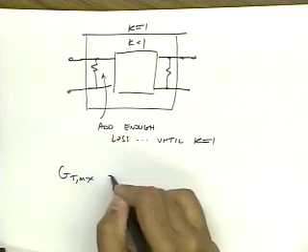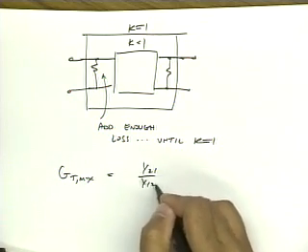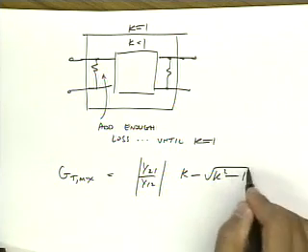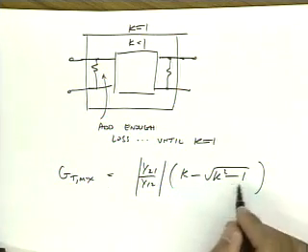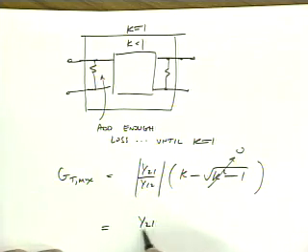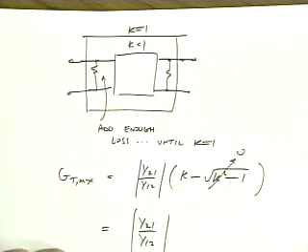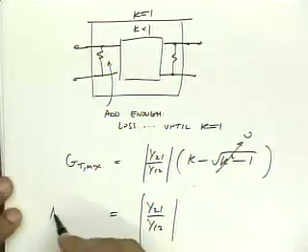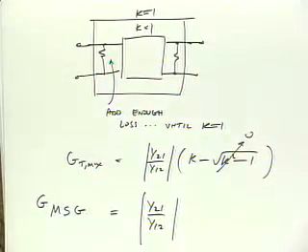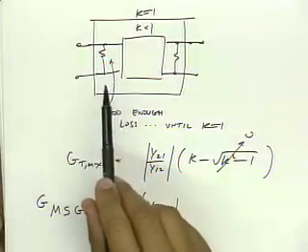So GTmax in that case is y21 over y12 times K minus the square root of K squared minus 1. But now K is equal to 1, so this term's 0, this term's 1. So then it just breaks down to this expression, and we call this the maximum stable gain, or sometimes GMSG. It's the maximum stable gain because we've stabilized our amplifier on purpose.